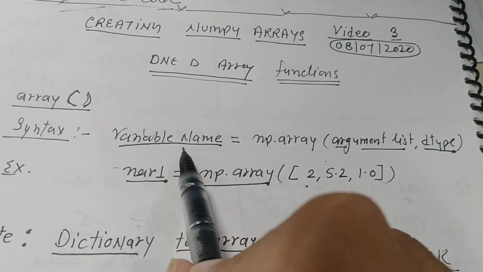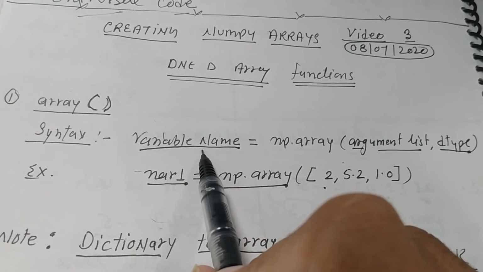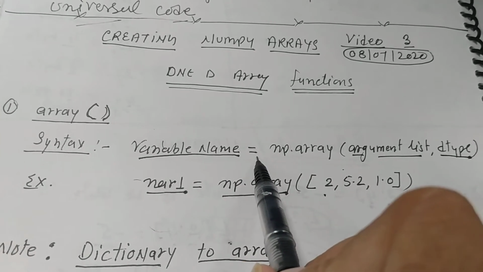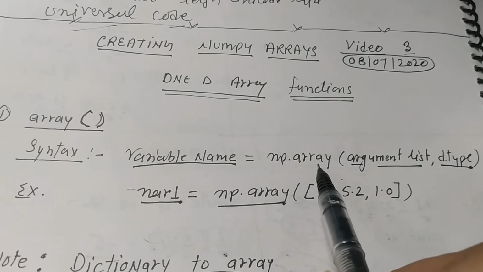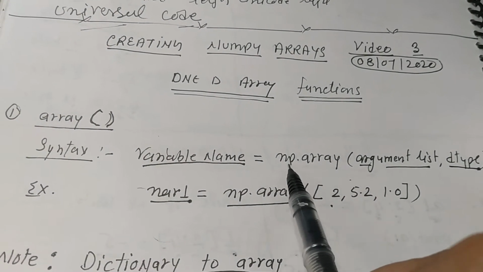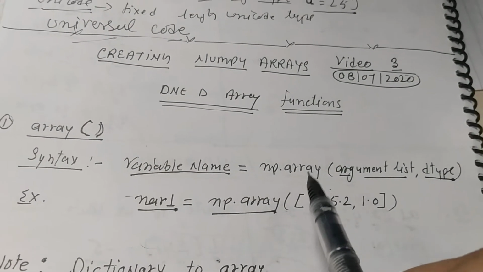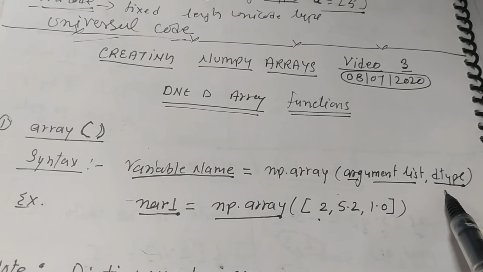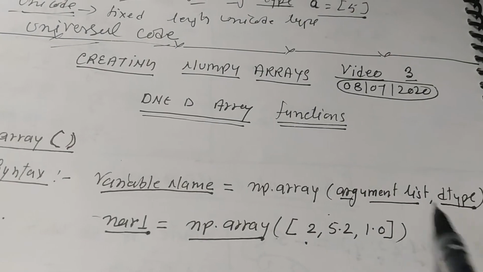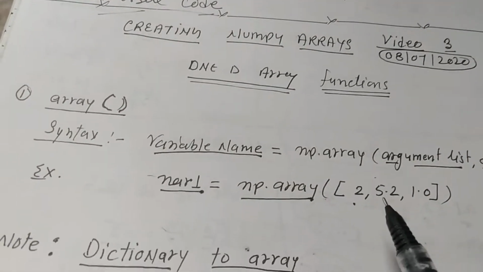First we give the variable name and the object name, and then we assign the value calculated by the array function, and array is related to NumPy. Then we pass the arguments and then the data type. So this is the syntax or structure of this function.